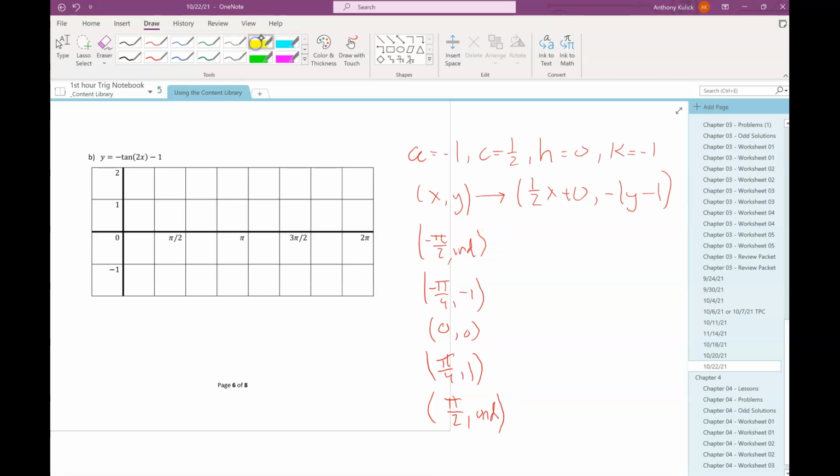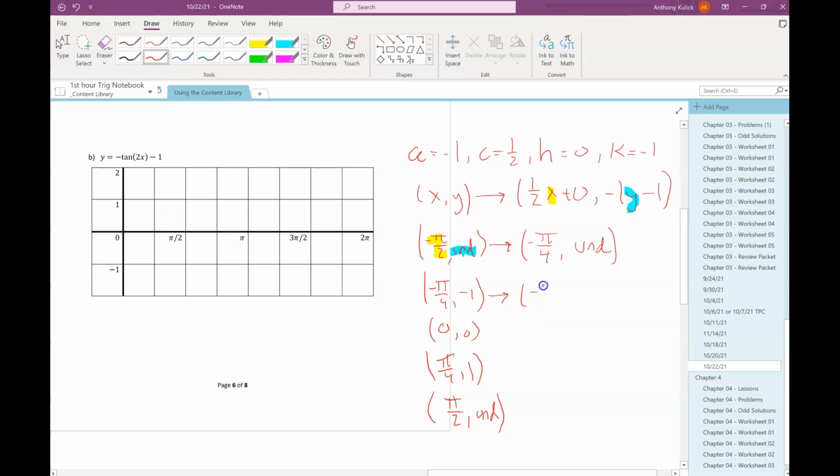And then we'll just plug the x's into the x spot and the y's into the y spot. So 1/2 times negative pi over 2 is negative pi over 4. And anything you do to undefined just stays undefined.